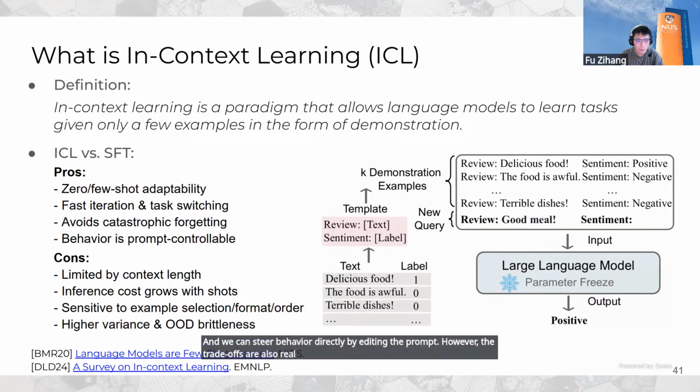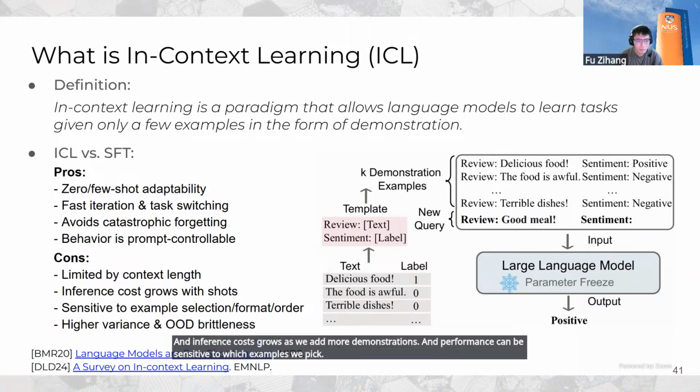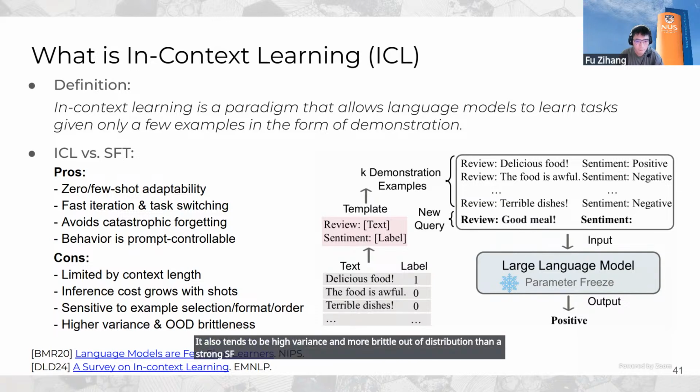We are limited by context length, and inference cost grows as we add more demonstrations. Performance can be sensitive to which examples we pick, how we format them, and in what order we present them. It also tends to be high variance and more brittle out of distribution than a strong SFT model.